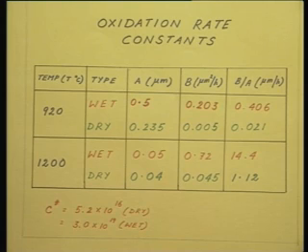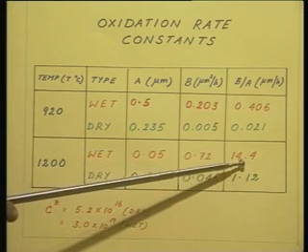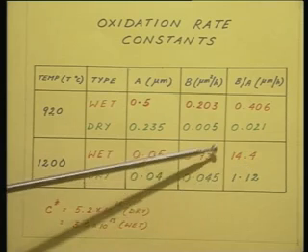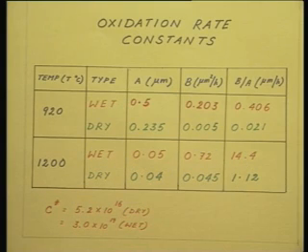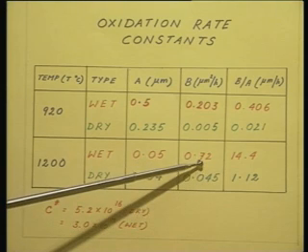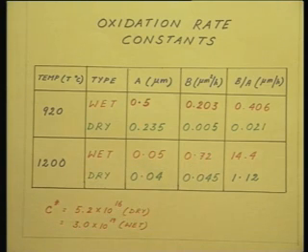Same trend you will see even at a different temperature. Even when I go to 1200 degree centigrade, you find that B by A for wet oxidation is 14.4, whereas that in case of dry oxidation is only 1.1, and B is 0.72 for wet oxidation, 0.045 in case of dry oxidation.